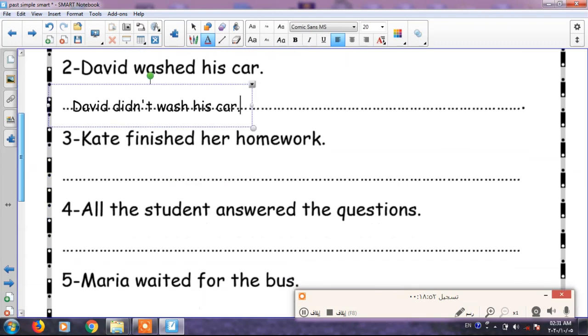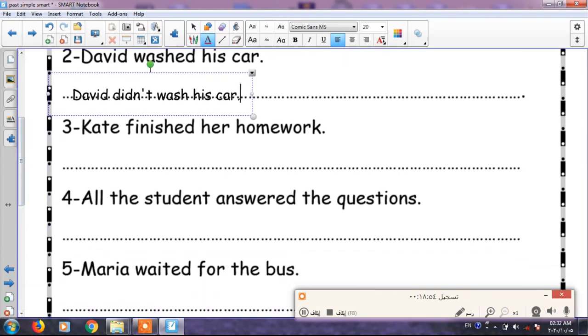Number 3. Kate finished her homework. Where is the verb? The verb is finished. So I will write Kate. I will put what before the verb?